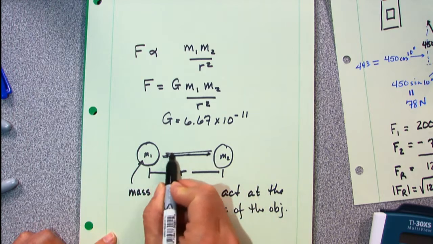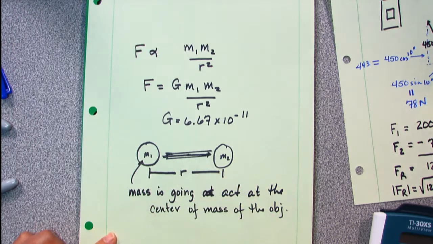This is going to want to pull this way, this one's going to want to pull that way, which is what's going to give us tides. Okay? The moon is predominantly what gives us tides, but the sun also affects our tides. That's why you can have a super tide. And rotation of the earth also affects the tides. So we have a lot of things because the earth is kind of a fluid object.